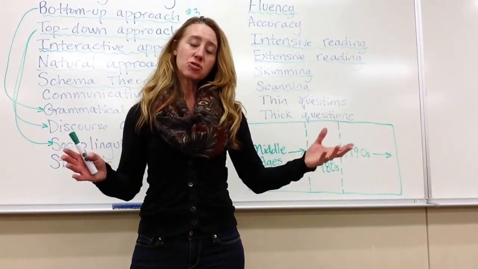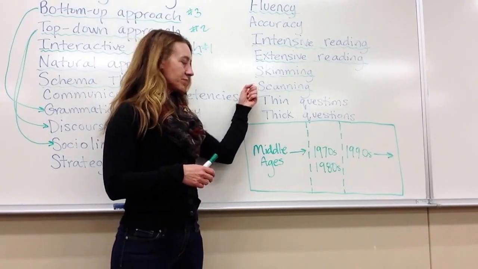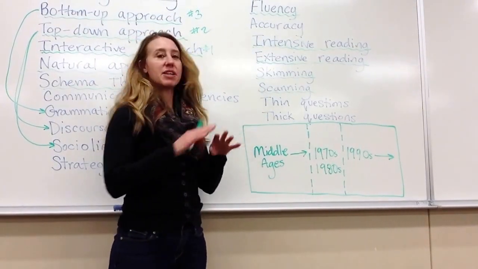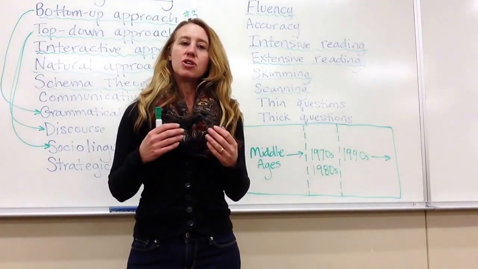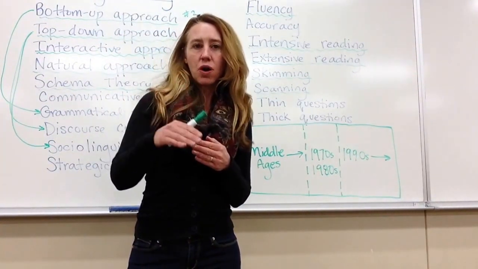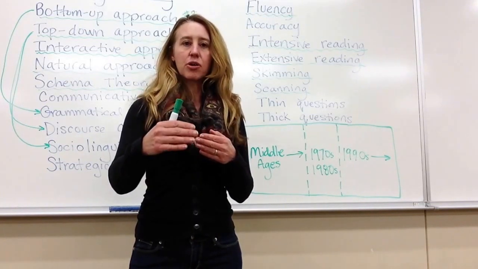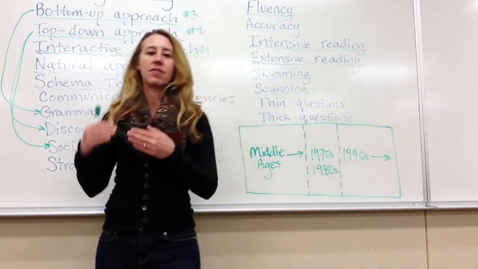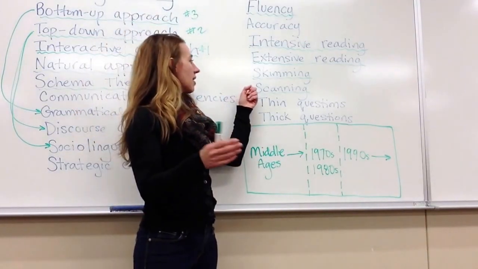And you're really just trying to get a sense of the big picture. Scanning, you're moving quickly, but that's the only way the two ideas overlap. With scanning, you are looking for one specific detail, and you're looking quickly across the text until you find it, and then you're out.